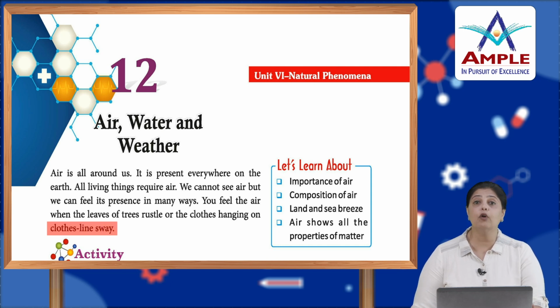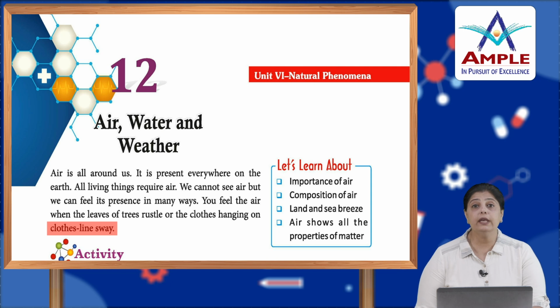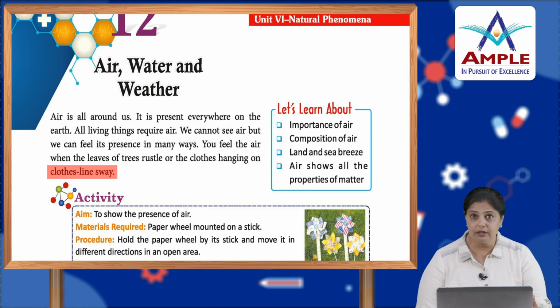We can hear the sound of the wind. Wind is also a type of air. We know that air is flowing when the clothes sway or when the leaves of the trees rustle.